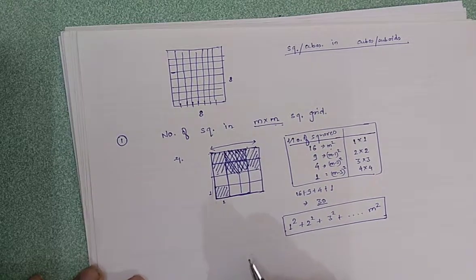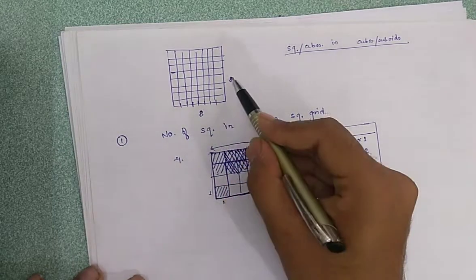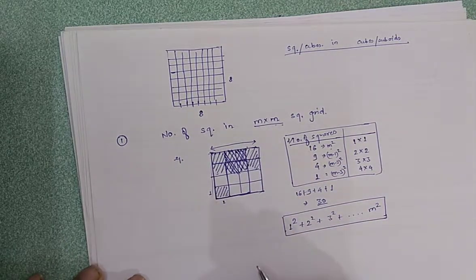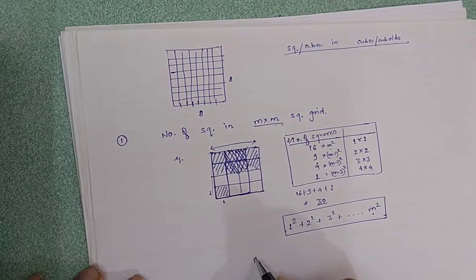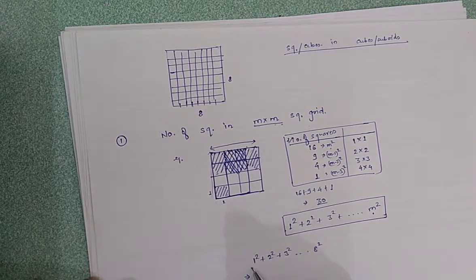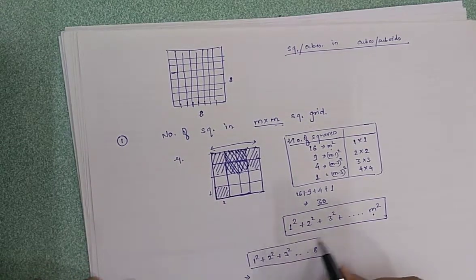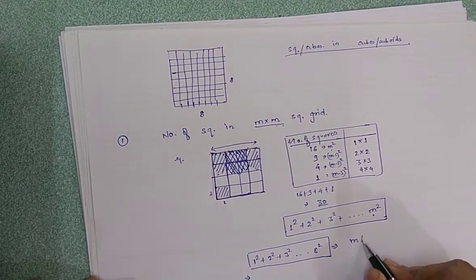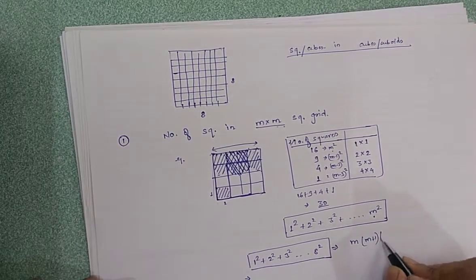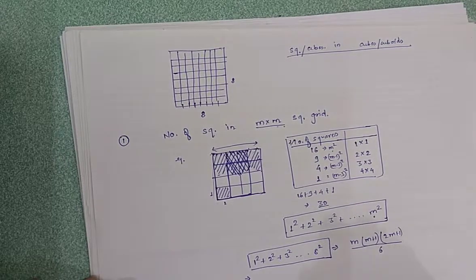So if we had to find the number of squares in an 8 into 8 grid, what will we do? The value of m will become 8. So 1 square plus 2 square plus 3 square till 8 square will be equal to, by the generalized formula, m into m plus 1 into 2m plus 1 divided by 6.